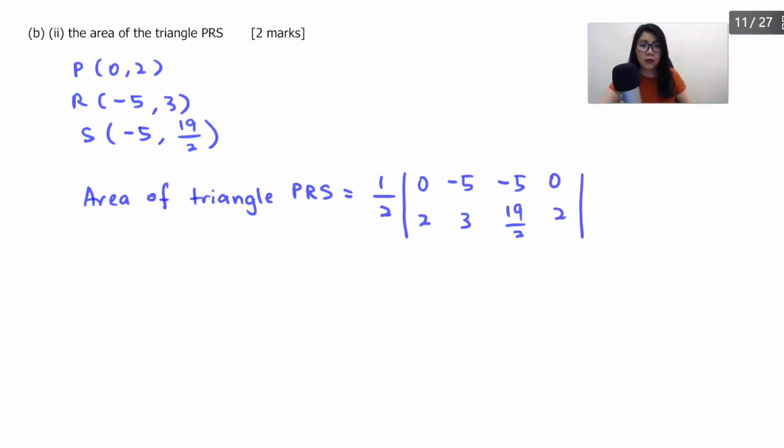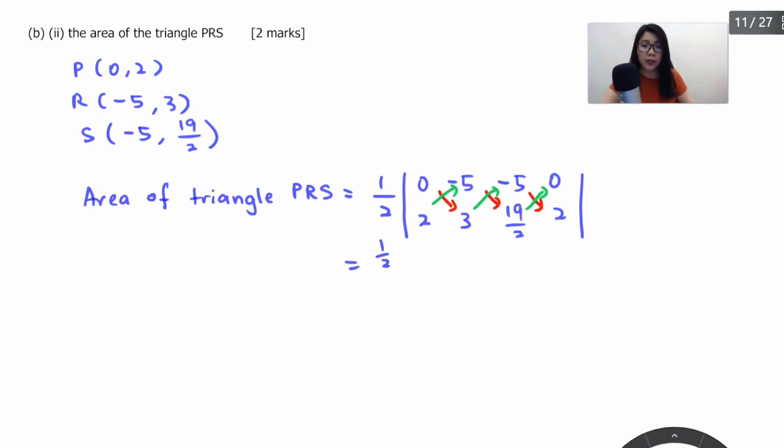Now I'm going to multiply them together: this times this, plus this times this, plus this times this. After that, we minus this times this, minus this times this, minus this times this. Let's do this.